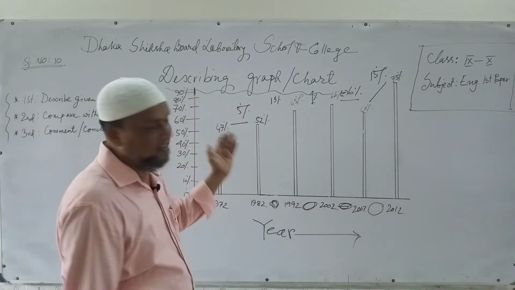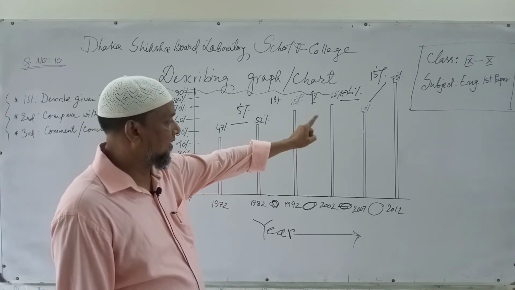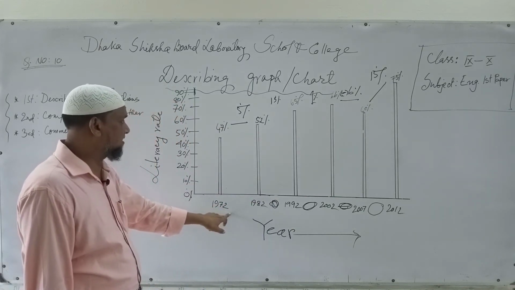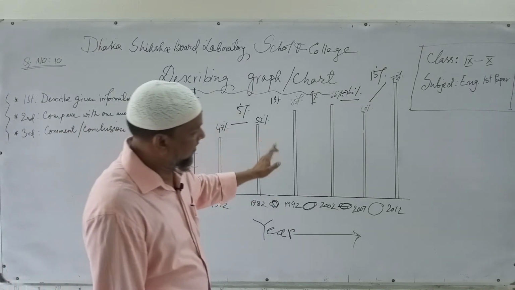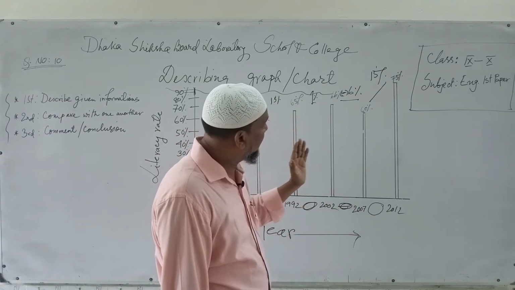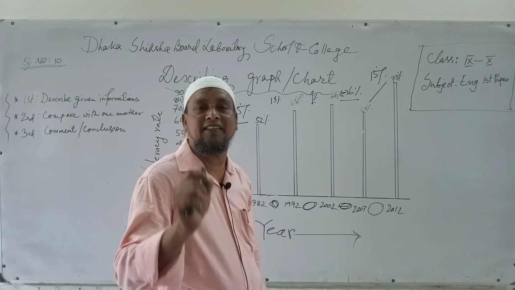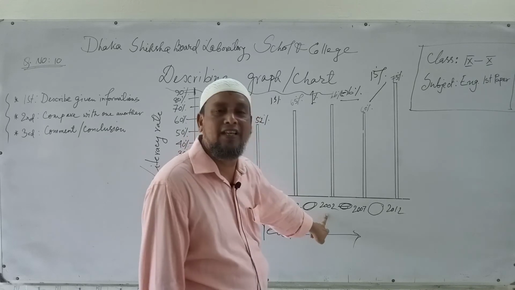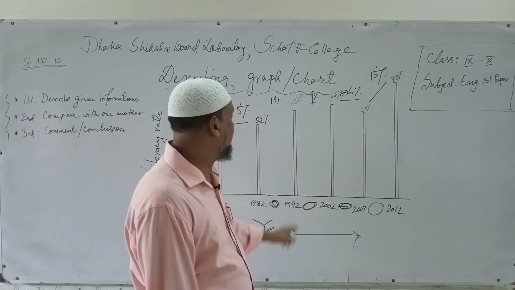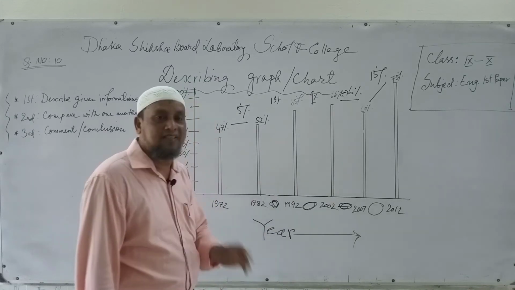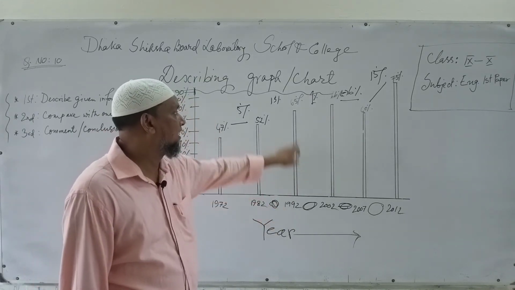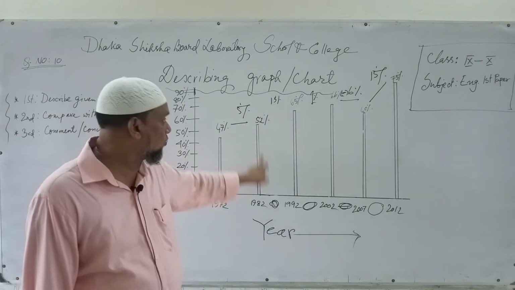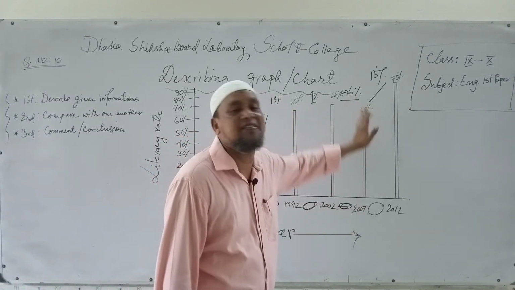So, the highest literacy rate was in 2012, 75%. The lowest rate was in 1972, 47%. And in the second position, the literacy rate was 66%, in 2002. In the fourth position, it was in 1992, 65%. Though it increased in 1982, it decreased in 2007.